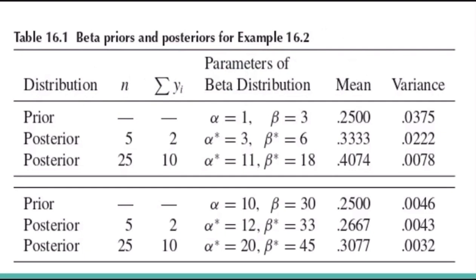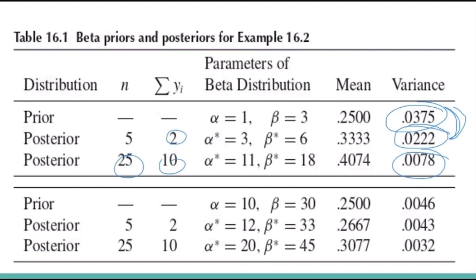This is a prior variance. This is posterior variance. You can see posterior variance is less. If you compare the posterior variance with the prior variance, we're actually going to see the posterior variance is less. And when sample size goes to 25 from 5 and summation y goes from 2 to 10, you can see the posterior variance shrinking.